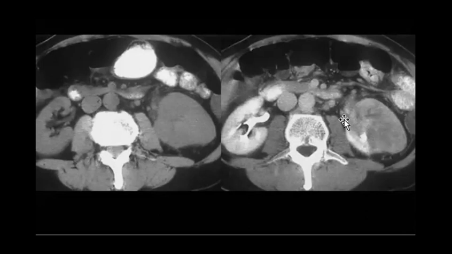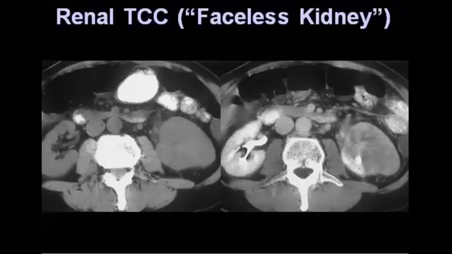Like you don't see any anatomical differentiation in the kidney. It's like a faceless kidney, and you can see that the central sinus is lost. So this is transitional cell carcinoma, faceless kidney. Nice to know.